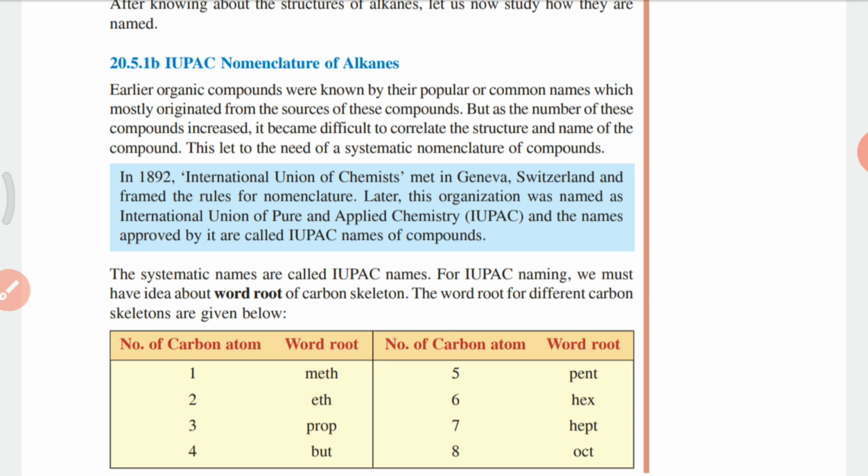This word root indicates the number of carbon atoms in each carbon chain. So for giving a name, first we want to know the number of carbon atoms in that chain.